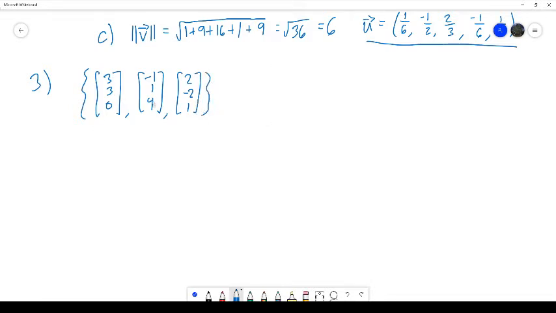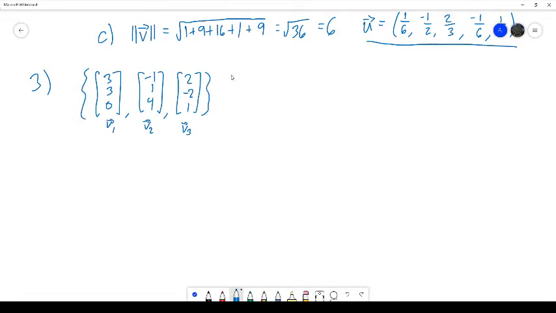If they form an orthogonal set, all we have to check here is if the dot products between each combination of vectors is 0. And if they're all 0, then they're all orthogonal. So let's call these v1, v2, and v3.